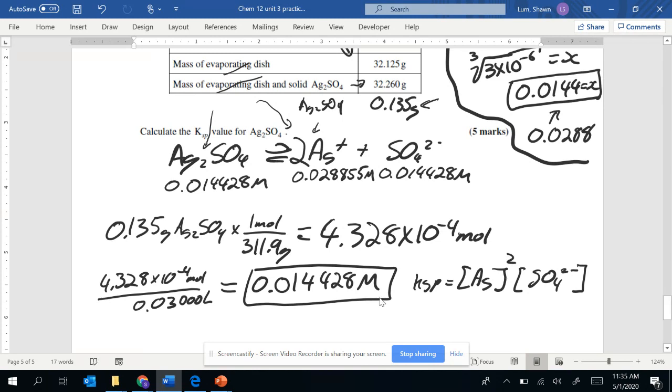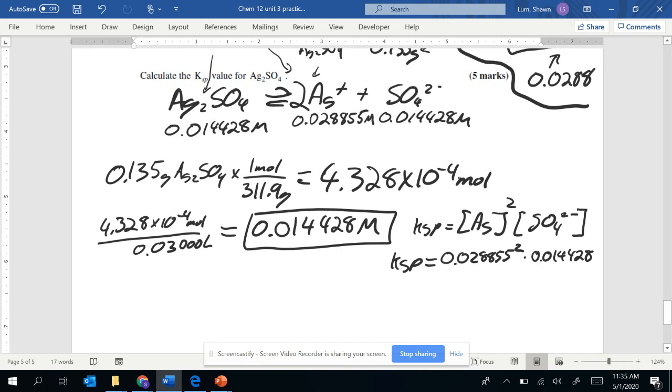So Ksp equals 0.02885 squared times the concentration of 0.0144428. Plug that into my calculator, and I should have my Ksp.